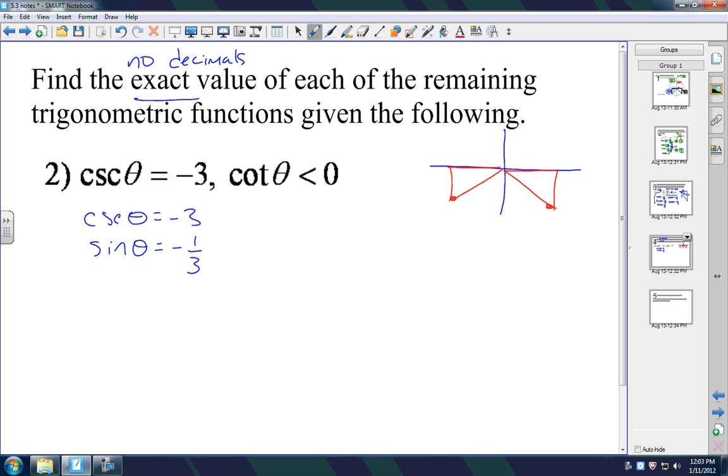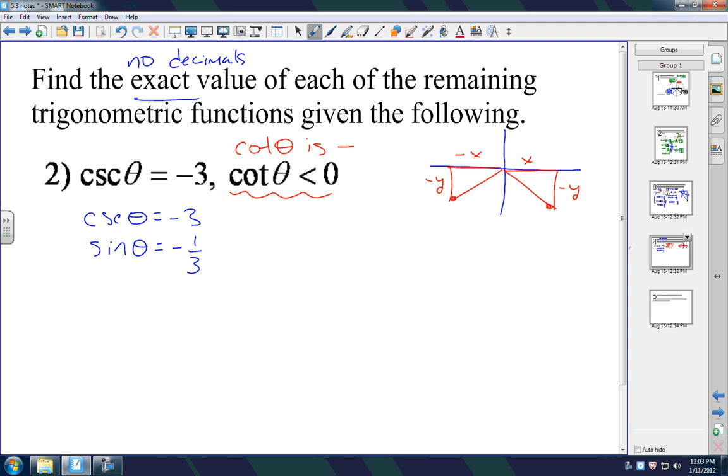Okay. Now, this guy's telling me the cotangent is negative. Cotangent's less than 0. So I got to think somewhere where my cotangent is negative. Here's a negative x, here's a negative y, positive x, negative y.